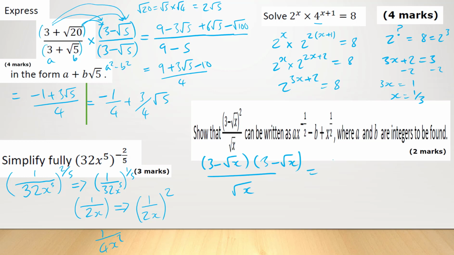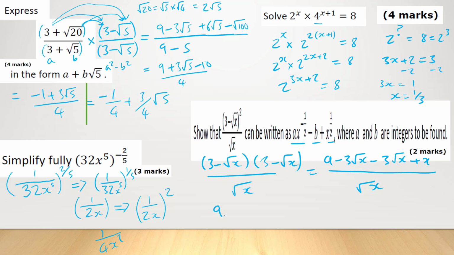So that equals 9 minus 3 root x minus 3 root x minus root x times minus root x is plus x over root x. That's good. This looks like we're going to get the 1, 2, 3 terms.